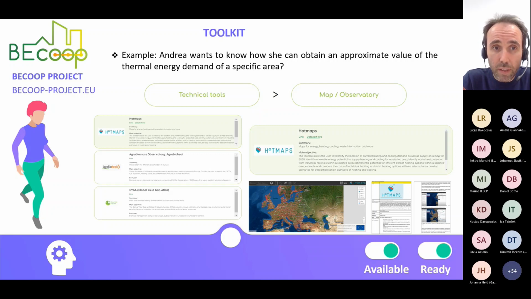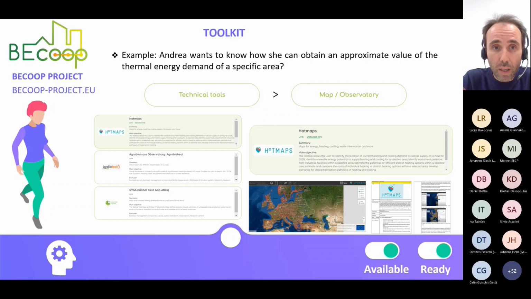She has a list of the tools that are included in the toolkit, and one of them is Hot Maps. This tool was developed by an external company, and there you can find the heat density of any location in the European Union.